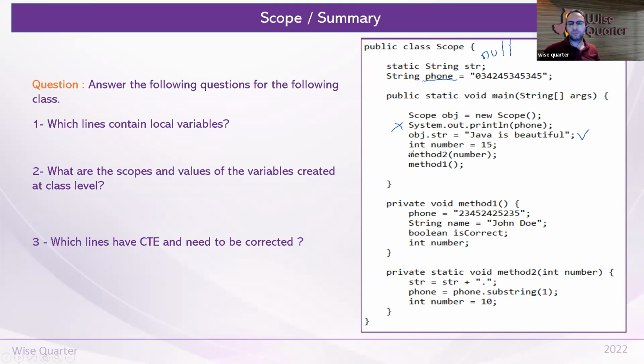There's no problem here. Here, method 2, I am sending a number. I'm calling method 2, but at the same time, I am sending the number. Number is here, 15. 15 will go to the method 2. Here we are, number from now on will be 15. Whenever I see number here, I will say it is 15.